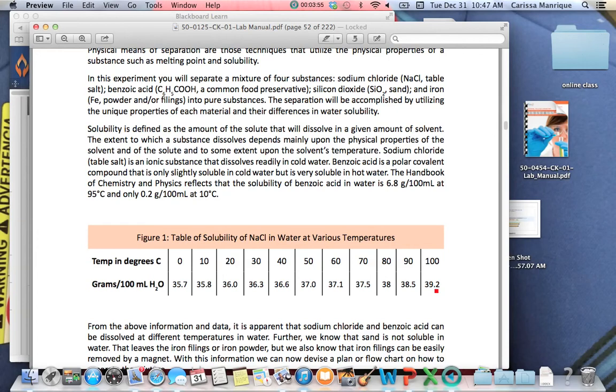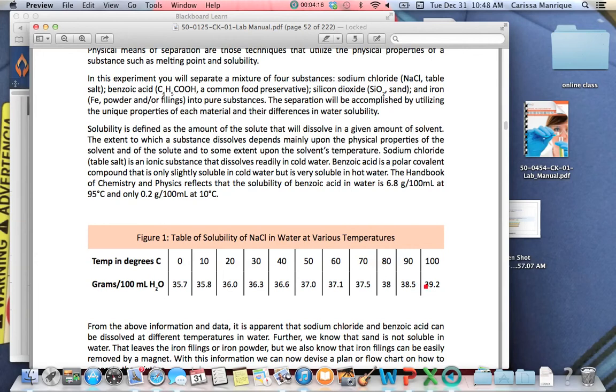Okay, now if we look at, let's say, benzoic acid. I don't have a whole table, but let's just compare. Its solubility number is 6.8 per 100 milliliters at 95 degrees Celsius. So let's look here. For salt, 95 degrees Celsius is between these two here.